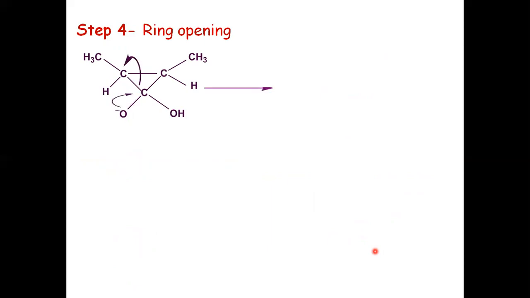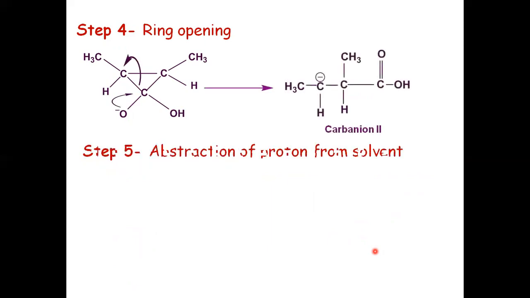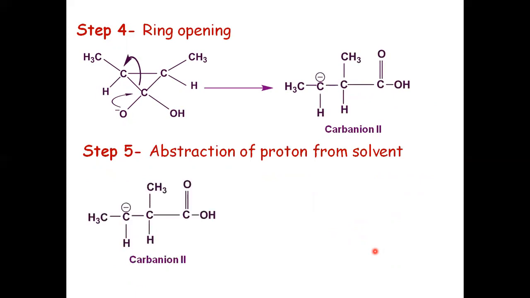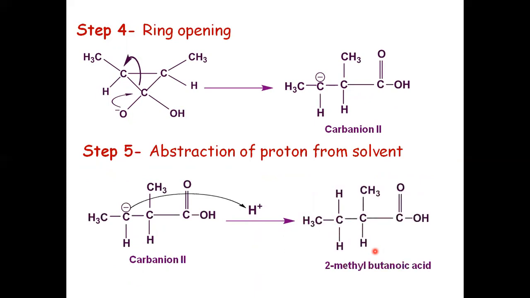In step 4, this oxyanion by electron transfer opens the ring and converts it into a second carbanion. And last, the second carbanion will abstract a proton from the solvent and convert into the product, which is carboxylic acid.